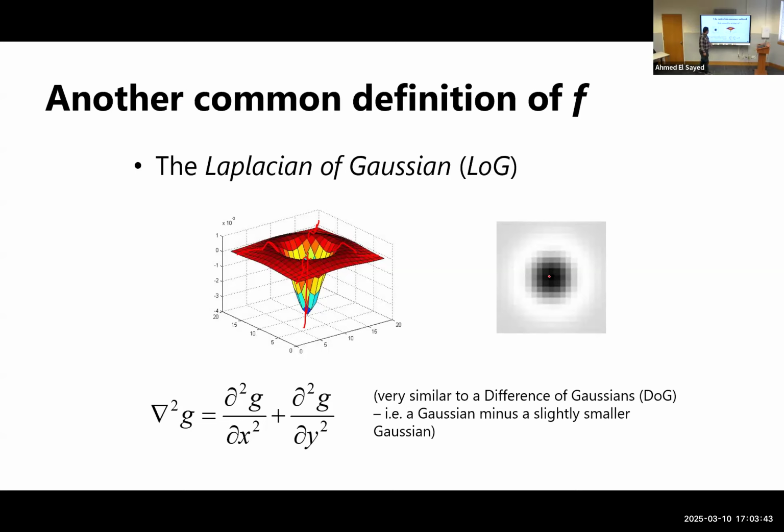Here, deep dark. Here, almost gray, which is 0 value. And here is white because here it's positive a little bit. Now, this Laplacian of Gaussian filter will be our blob detector.